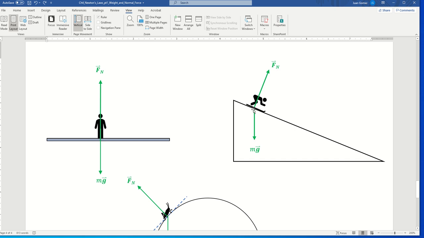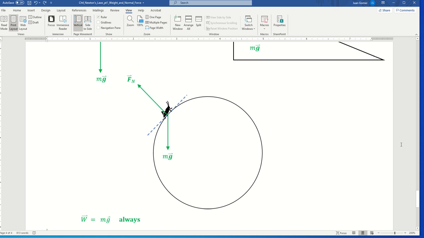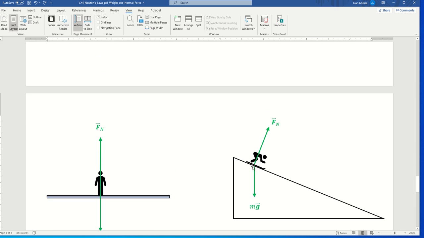Again, Fn points from the surface through the object, and it's pointing away from each. And notice this green vector I've drawn clearly makes a 90-degree angle with respect to that surface. Again, we draw from the surface through the object, pointing away from both of them. But clearly that vector has to make a 90-degree angle, has to be perpendicular with the surface.